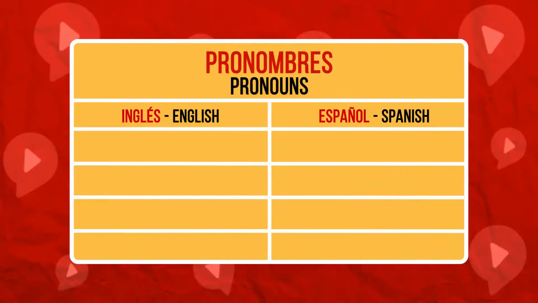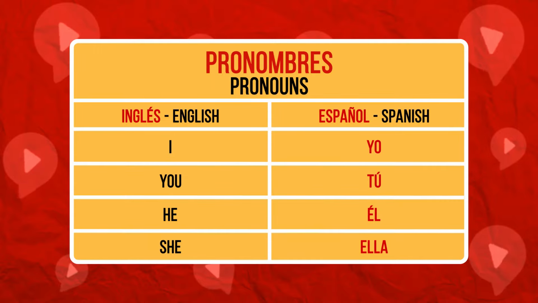Since verb conjugation in Spanish clearly indicates who did what and when, you don't have to use personal pronouns every single time like you do in English. Oh, by the way, personal pronouns are these little words that indicate who you're talking about, like I, you, he, she, and so on. In Spanish, personal pronouns are yo, tú, él, ella, and so on.